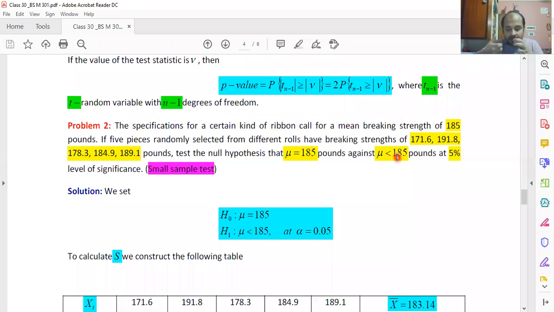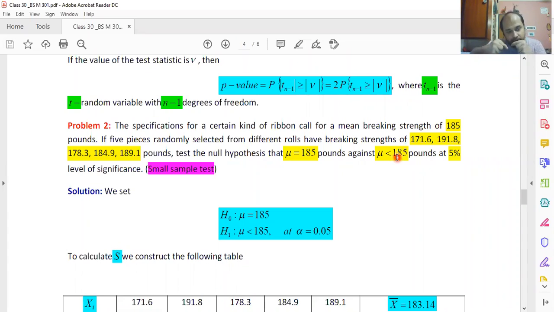Now, when we manufacture the ribbon, we try to find its breaking strength, and if the mean breaking strength is assumed to be 185, obviously in the alternative hypothesis, it would be much better if you consider this to be lesser than.